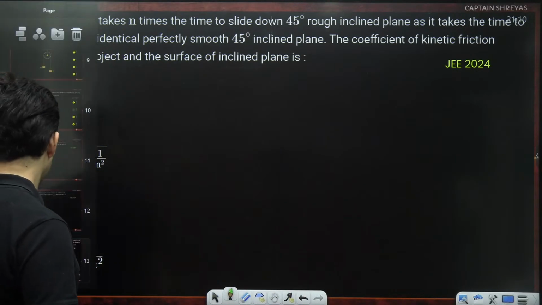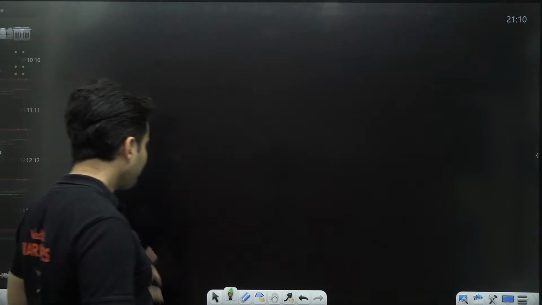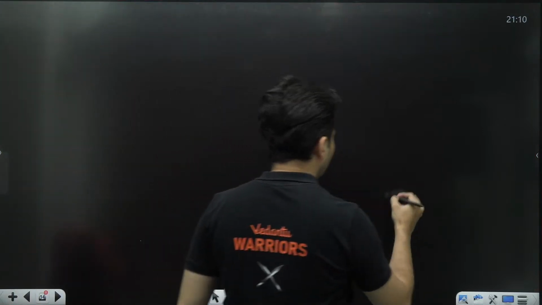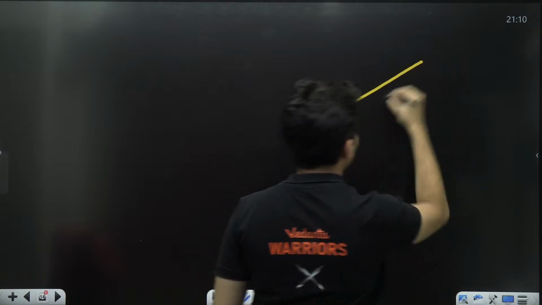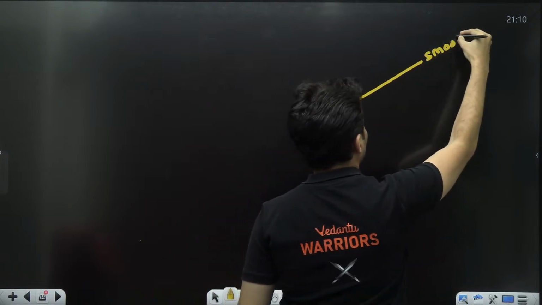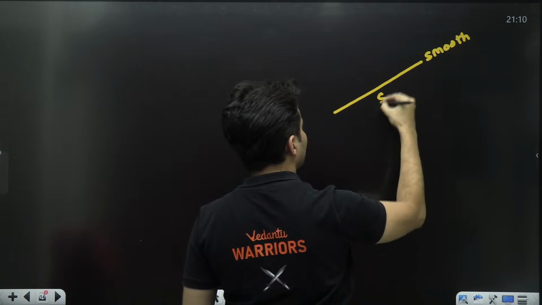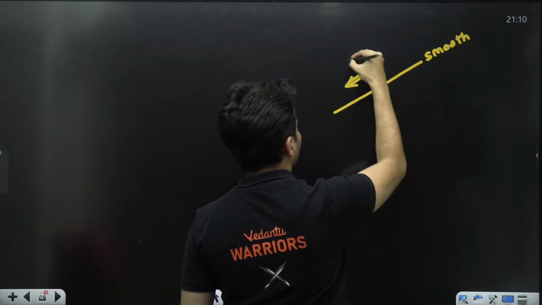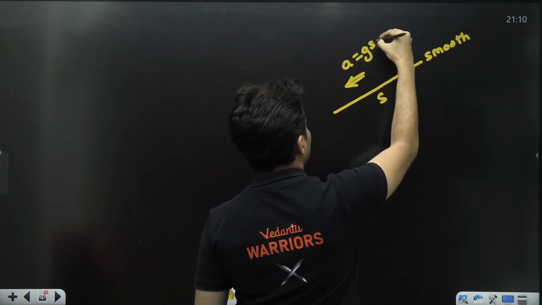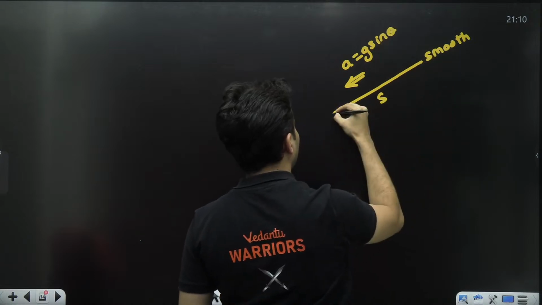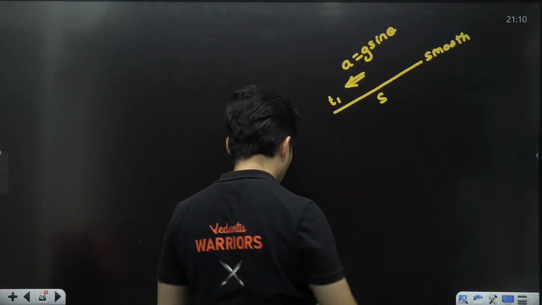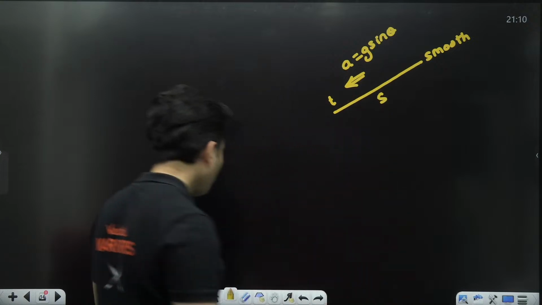For this question, let me just probably take a new slide. That will be better. So let's imagine a smooth plane. If it is a smooth plane and the distance is s, the acceleration down the plane will be just g sine theta, and let's say the time taken is t.